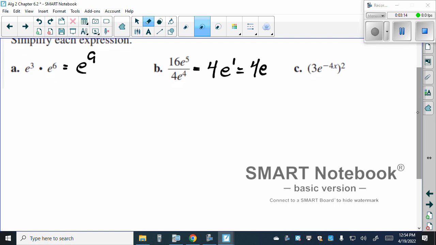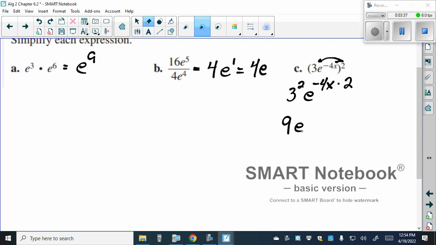Powers of powers. So here we're going to apply the second power to both of these here, which means we'll have 3 squared times e to the negative 4x times 2. Because whenever we have powers of powers, they multiply. Now 3 squared is going to be 9, bless you.